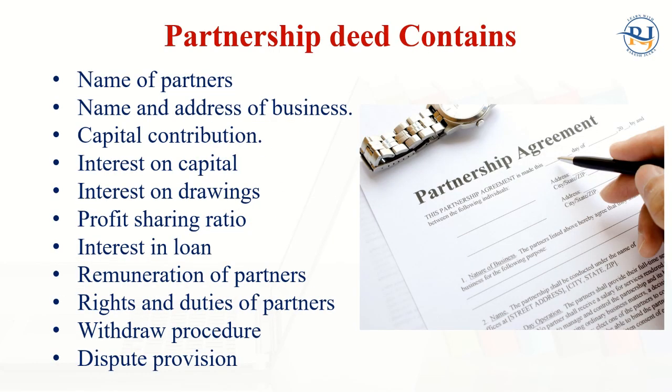What is a partnership deed and what does it contain? The names of the partners should be in the partnership deed. Then the name and address of the business, capital contribution, interest on capital, interest on drawing, the profit sharing ratio, the interest in case the firm takes a loan, the remuneration of the partners, and the rights and duties of the partners will be included in the partnership deed.